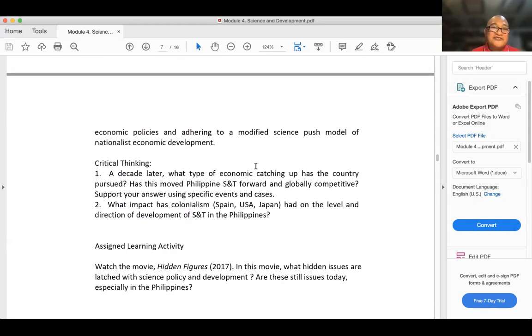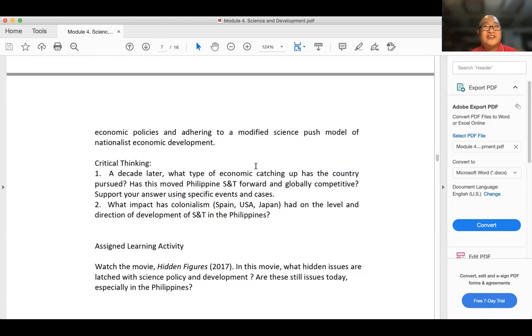So another question that we can ask is, are we starting to catch up? Because if we compare ourselves to the other Asian economies, we are rather quite late in the game by at least 25 years or even more.